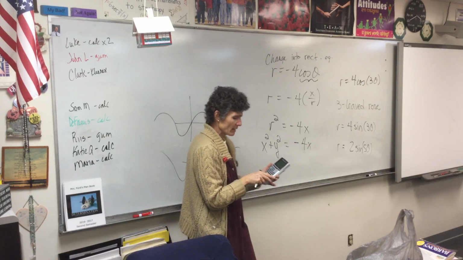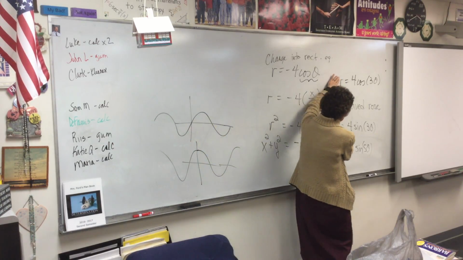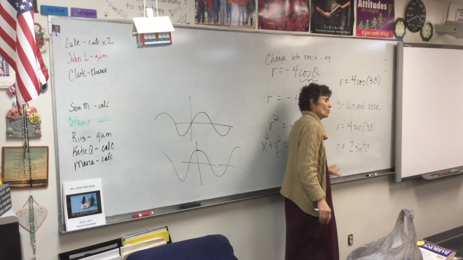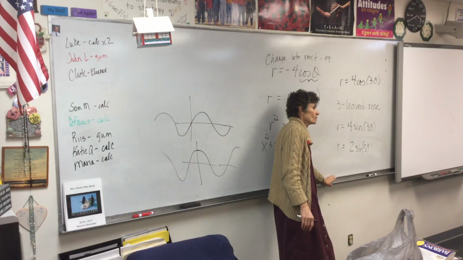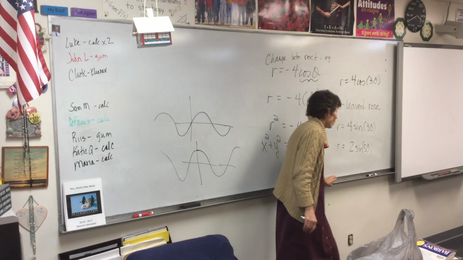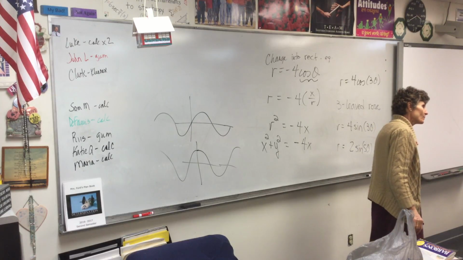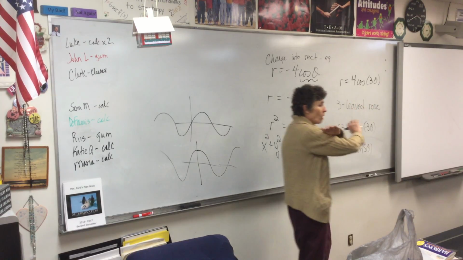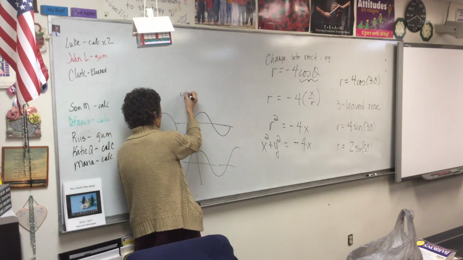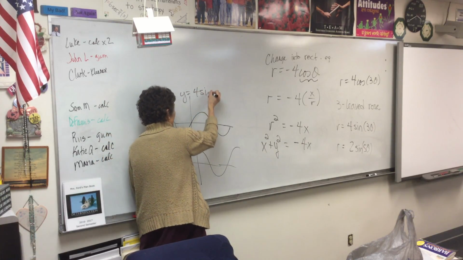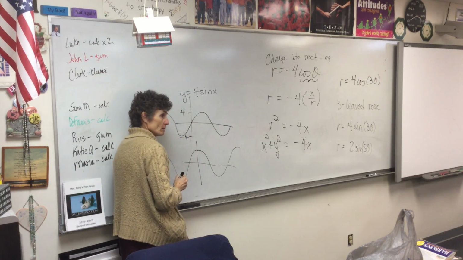So wait a minute. What happened? Going from these guys to this one, what happened? The two in front. What impact do you think that two in front had? It made it smaller. Whoa, stop. Back to this guy. When we graphed 4 sine x, that curve went up and down 4.